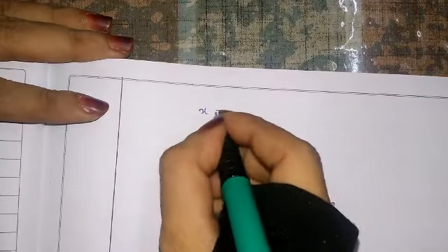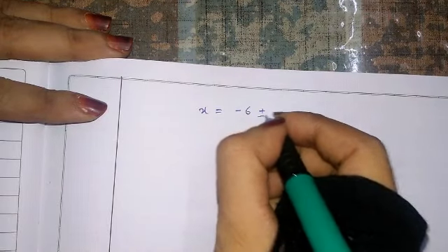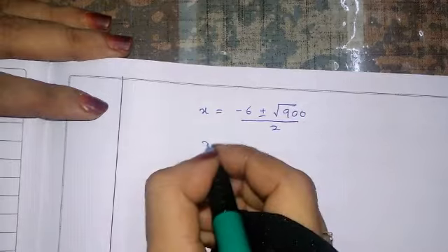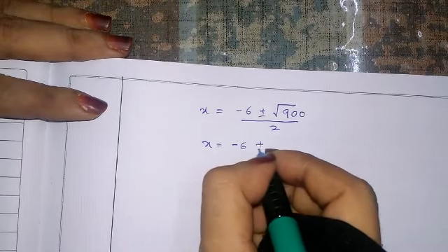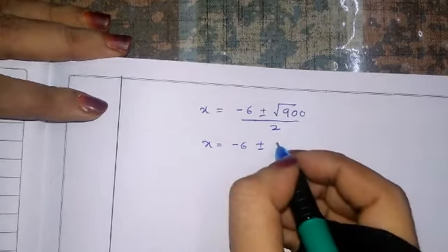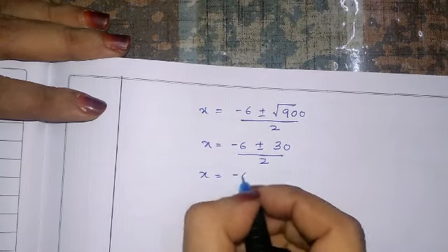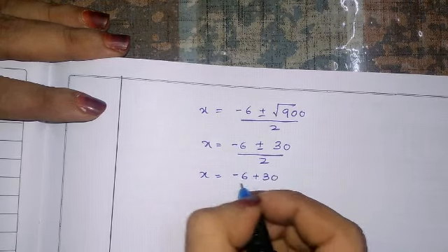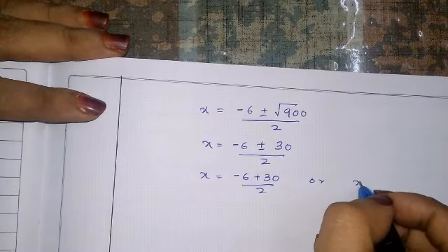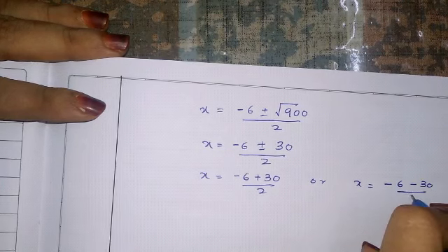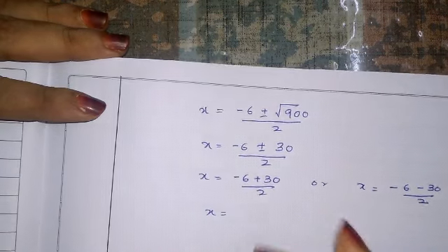x is equal to minus 6 plus or minus root 900, which is 30, by 2. x is equal to minus 6 plus 30 by 2, or x is equal to minus 6 minus 30 by 2.